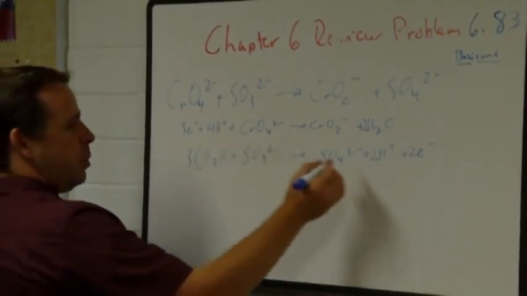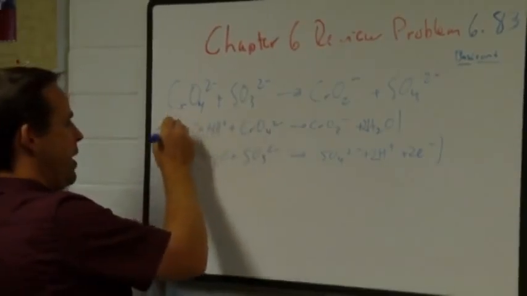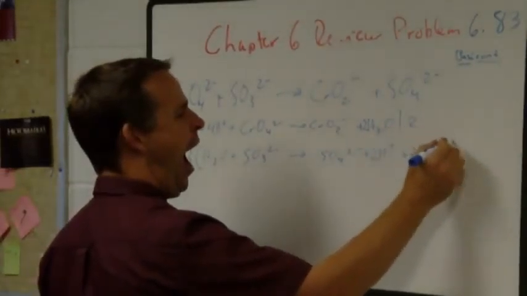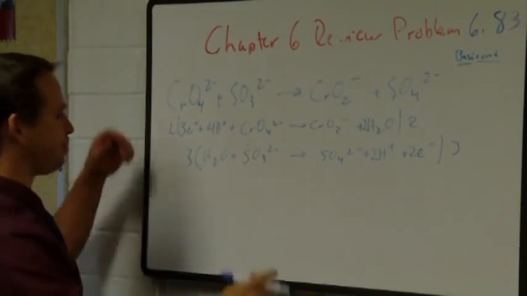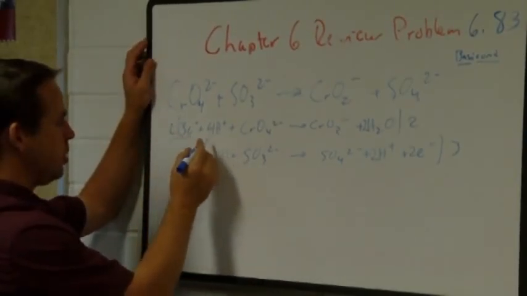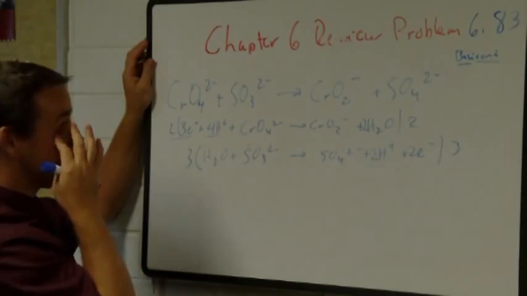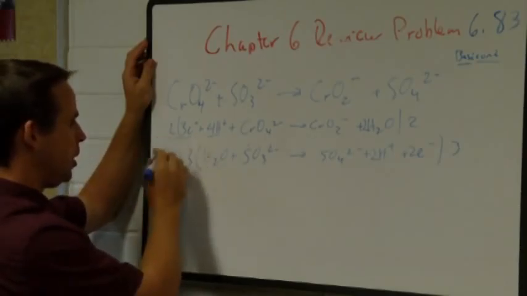So we're going to have to multiply this one by 3, and this one by 2. I'll put the 2 and 3 over there so you can see it better from your angle. 6 electrons, 8 protons. Alright? So I'm going to leave out the electrons.